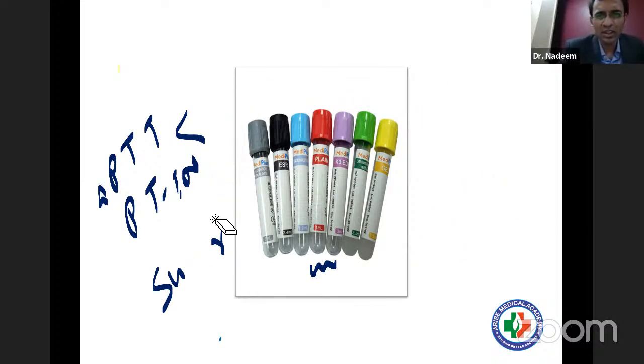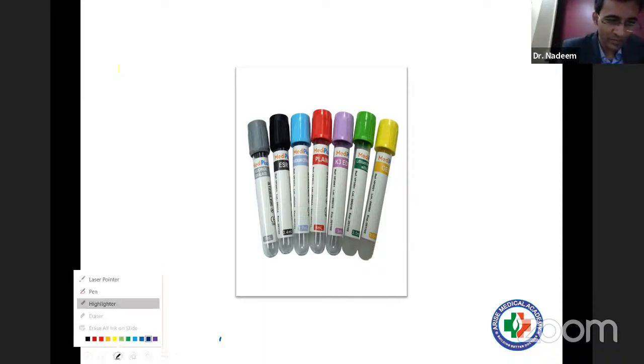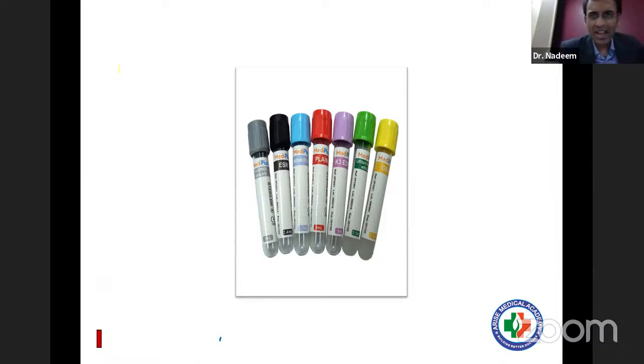What about the green, yellow and black? This is a little important, a little interesting. Can anyone answer me: for which blood test are we using the yellow sample tube?